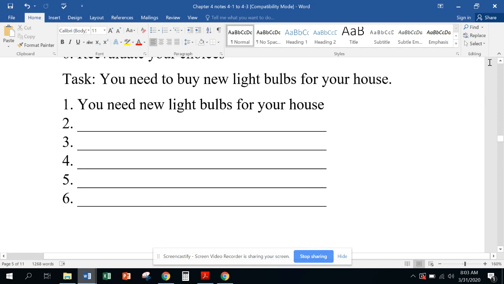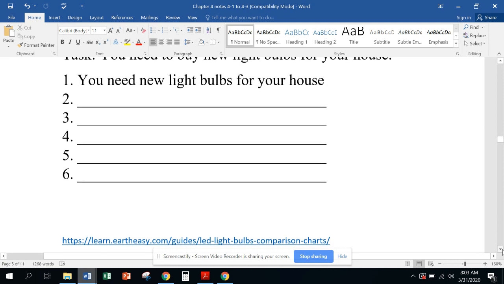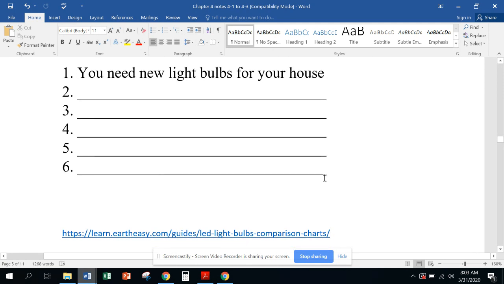Now, after we've listed all the light bulbs that we need, we're going to need to compare what types of light bulbs are out there. To keep everything uniform, I've put a site down here, learneartheasy.com/guide/LED light bulb comparison chart. You're going to be comparing three types of bulbs.